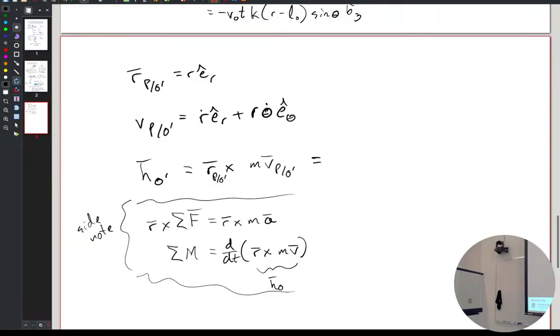Oh, so the same way, like x cross y, ER cross E theta. Oh, okay, that makes sense.